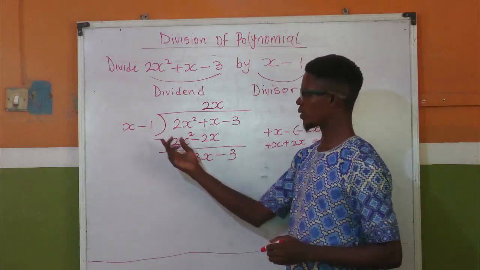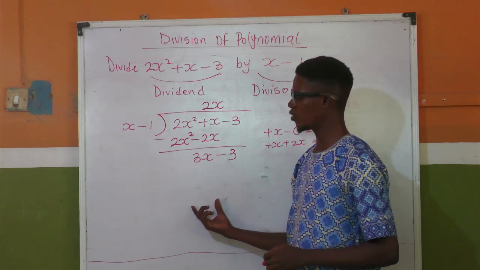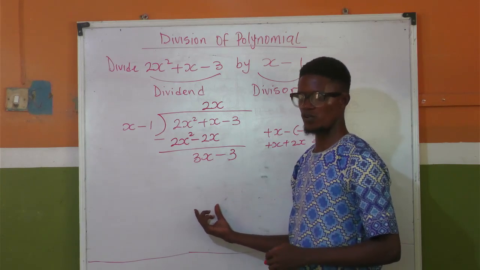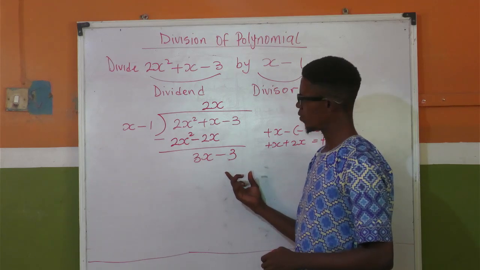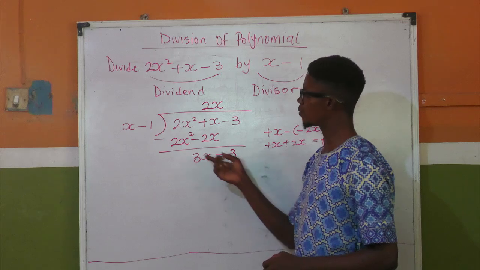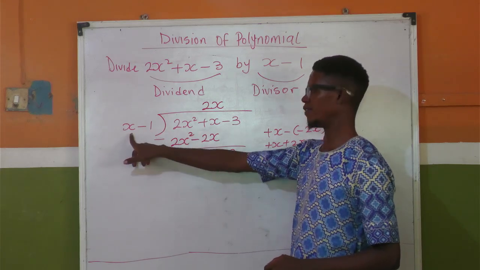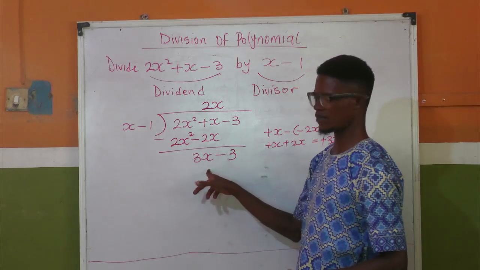So we are going to continue the process of our division until we get to a point where we can no longer divide, or we have 0 as the remainder. So we call this expression a remainder. But it will not continue to be a remainder if it is possible for us to still divide by the first term of our divisor. We know that we can use x to divide this expression.